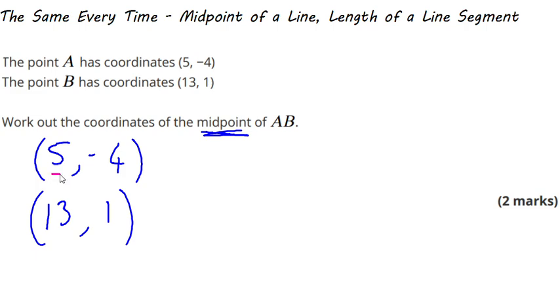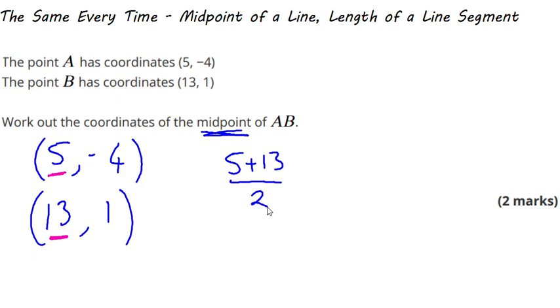So we need to find the x-coordinate. We look at the two x-coordinates, 5 and 13. All we have to do is add them together, divide by 2. If you are doing this on a calculator, I would advise using your fraction button and typing it in looking exactly like that.